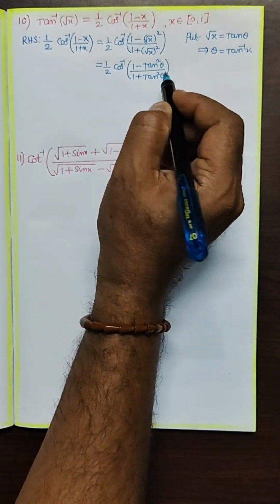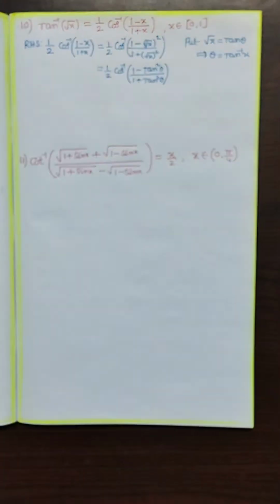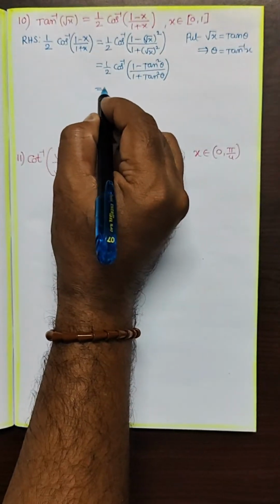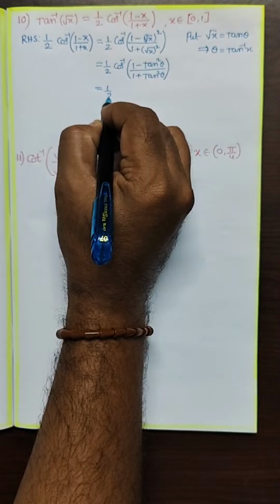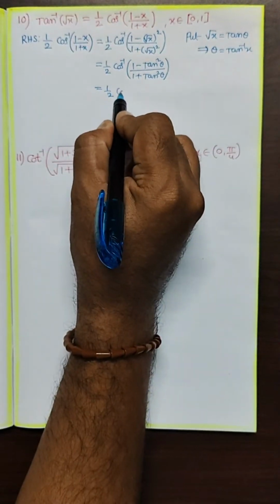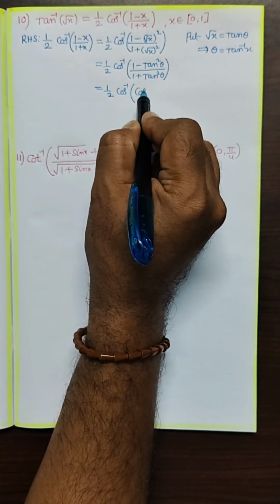We know the formula: (1 minus tan square theta) by (1 plus tan square theta) is cos 2 theta. So this is 1 by 2 cos inverse of cos 2 theta.